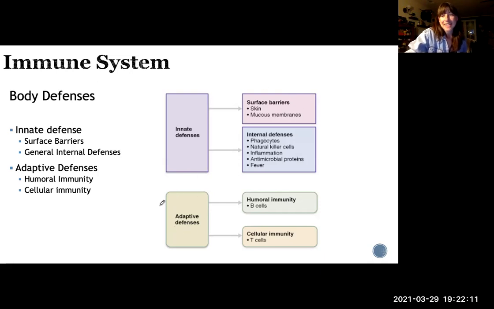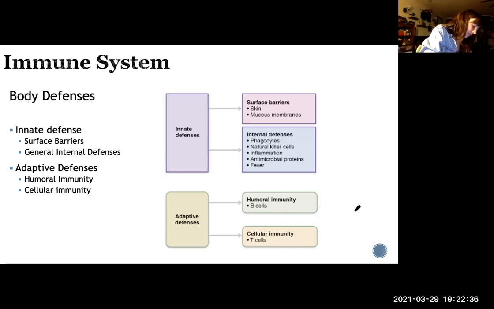And then your adaptive defenses, which proliferate hugely. It's a very, very strong response. It occurs outside of the cells, which is called humoral immunity and involves your B lymphocytes, or inside of the cells, which is called cellular immunity and involves your T lymphocytes. And it involves memory, okay?